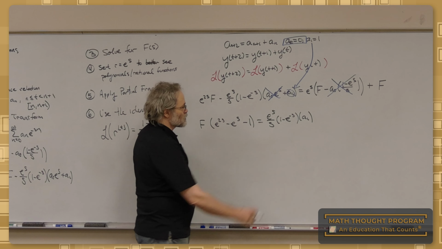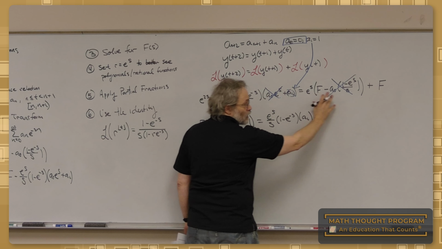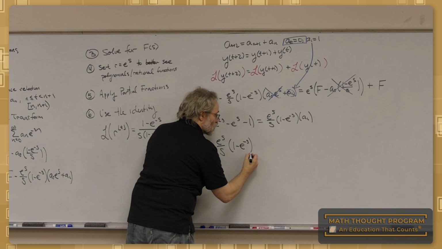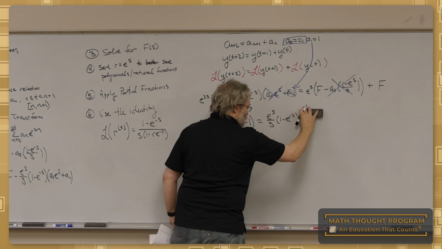That was 1. Distribute it. So it's like having this. I already moved this over to the left. Looks like that's about it. Okay, now the next thing, again, solve for capital F. This exponential, e to the s over s, I'm just going to pull out, as well as this piece. And the a1, we'll just call that 1 because that is what it is.